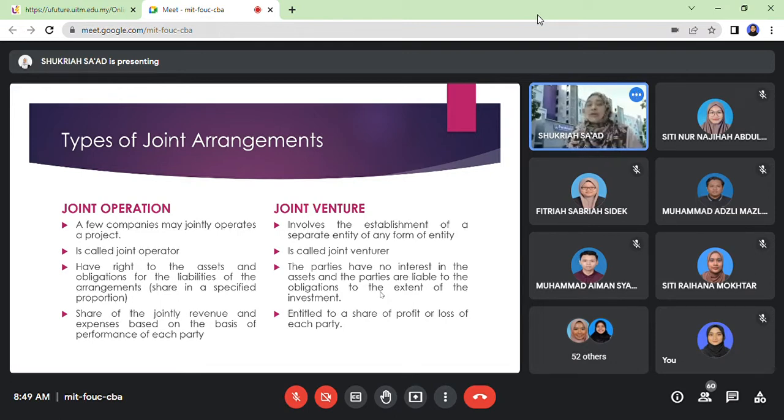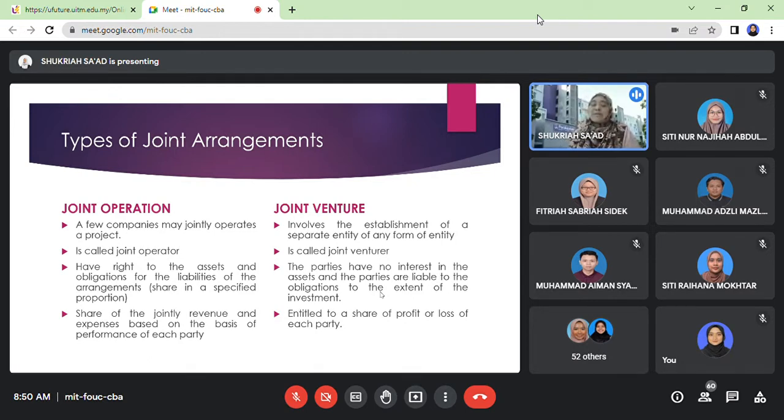They will come up with a contractual agreement which identifies their rights to the assets and their obligations for the liabilities with regards to that particular project.